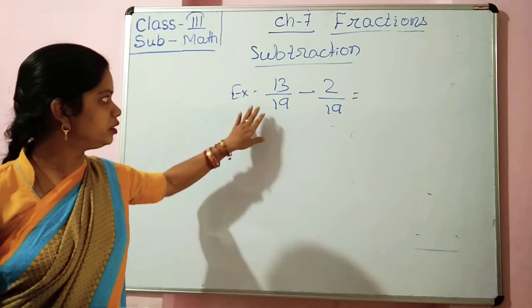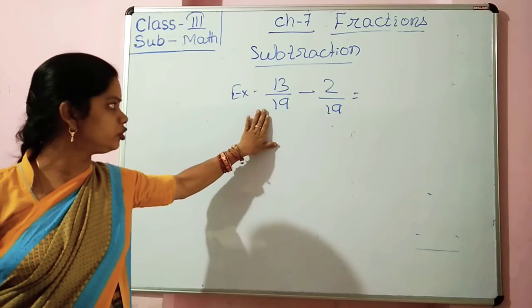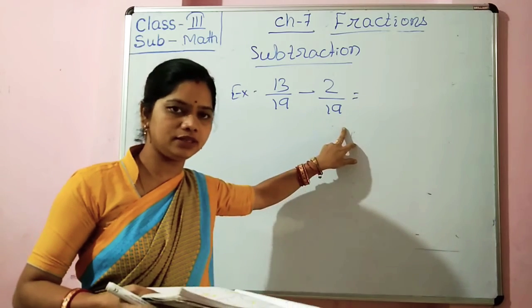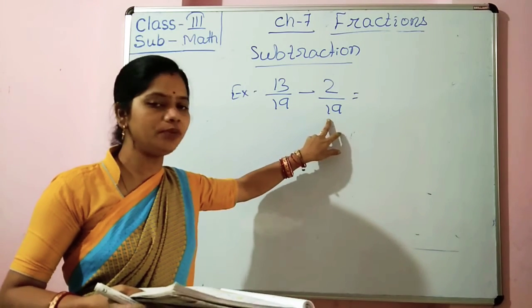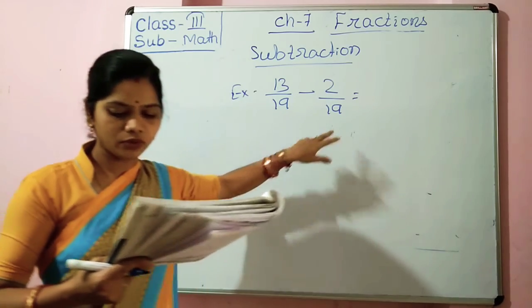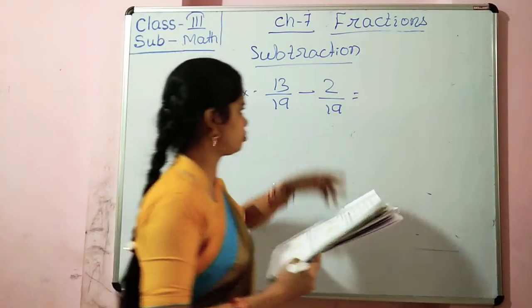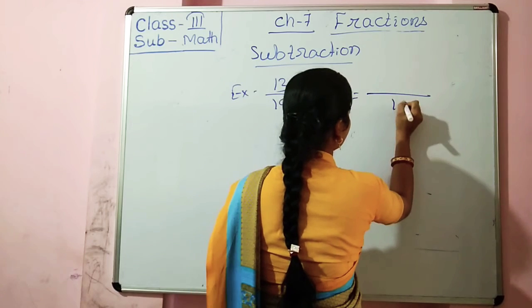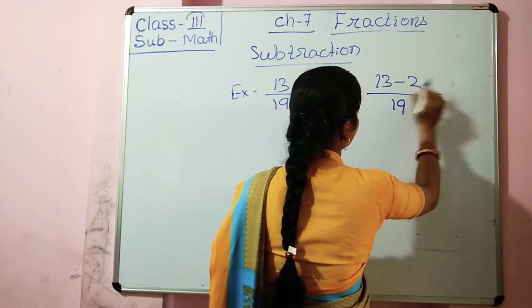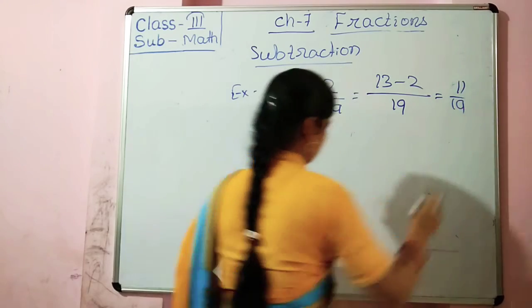Look, as these are like fractions, the denominators are the same. Only the numerators are subtracted. Here 13 minus 2 is 11, so the answer is 11 by 9.